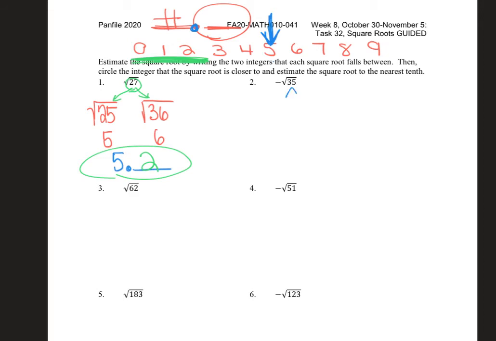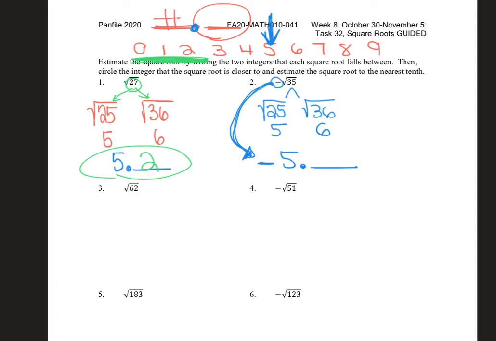So 35, we're going to ignore the negative for a minute. We just know that's going to come down here and be negative. 35 is still, if you look, between the square root of 25 and the square root of 36. 35 is between 25 and 36. So this number is still between 5 and 6. So we know it's still 5 point something, but we especially know now it's negative because we wanted the opposite.